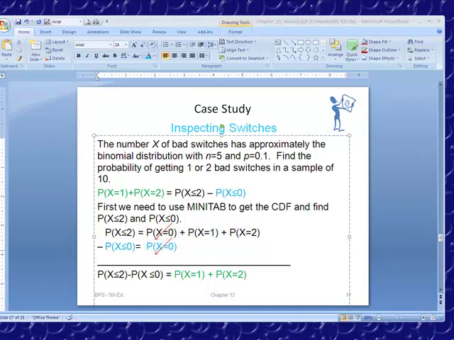Well, the probability that x is less than or equal to 2 is the probability that x equals 0 plus the probability that x equals 1 plus the probability that x equals 2. I'm going to subtract from that the probability that x is less than or equal to 0, which is just the probability that x equals 0. And you can see if we cancel those out, what's left over? The probability that x equals 1 plus the probability that x equals 2. That's exactly what we were looking for.